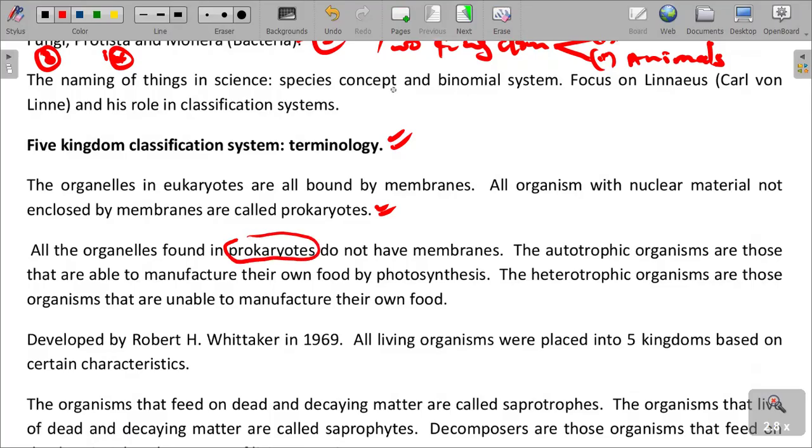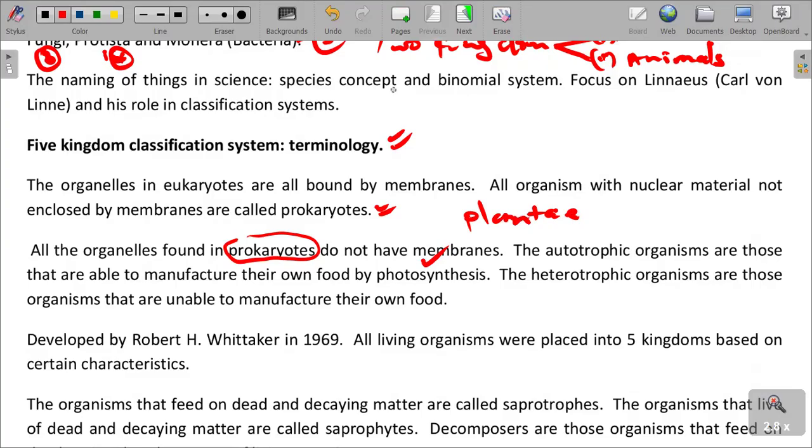Autotrophic organisms are those organisms that are able to manufacture their own food by photosynthesis, which I just said applies to the Plantae. We say they are producers. They are able to manufacture their own food.